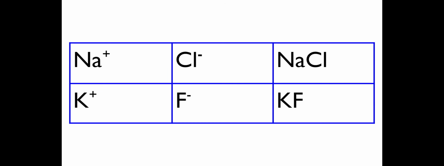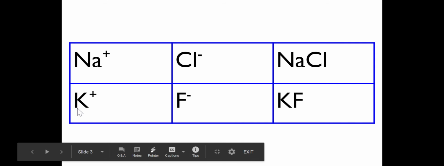So when we write the chemical formula for sodium chloride, which is the table salt we have every day, we write the metal first, which is Na for sodium, and the non-metal after that, which is Cl for chlorine. This one is positive 1 charge, this one negative 1 charge, so they cancel out. The net charge for the whole system is 0.